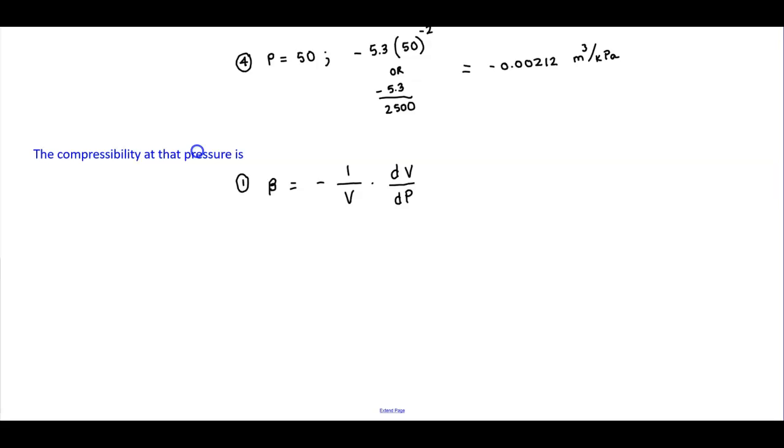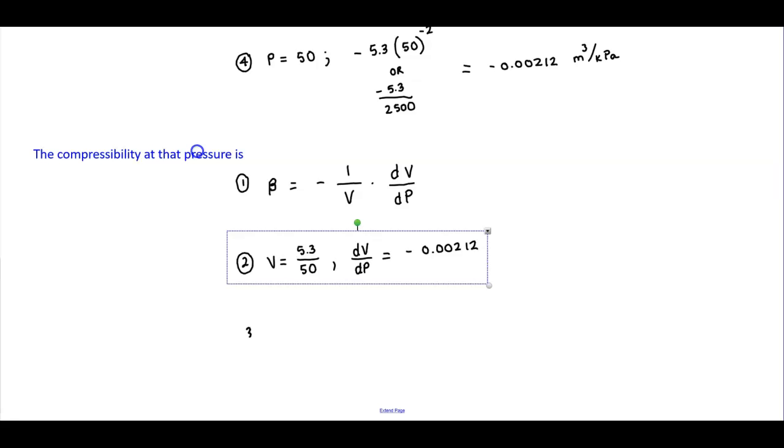We know that V is equal to 5.3 divided by 50, and we know that dV/dP is going to equal -0.00212, and now we're going to plug it into the formula.